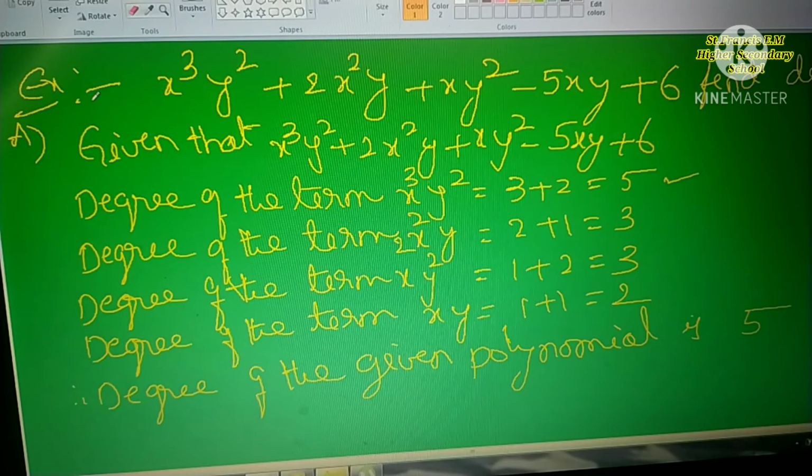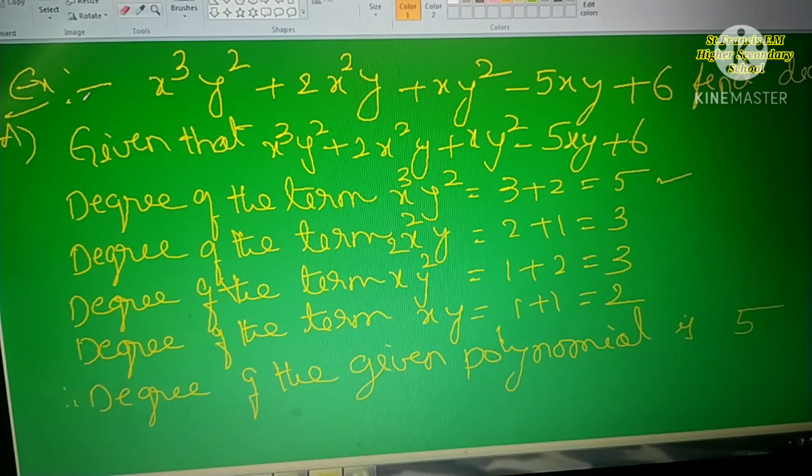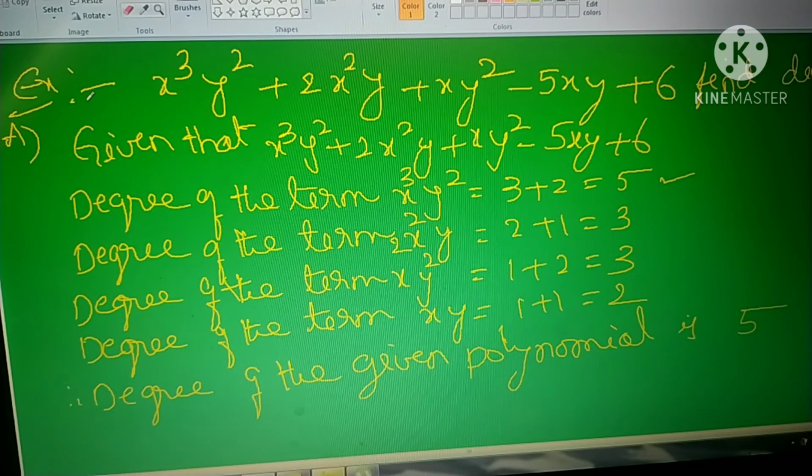This is our next example: x cube y square plus 2x square y plus xy square minus 5xy plus 6. Here we have to find the degree of this polynomial. This is a polynomial in variables x, y. To find its degree, we first find the degree of each and every term.